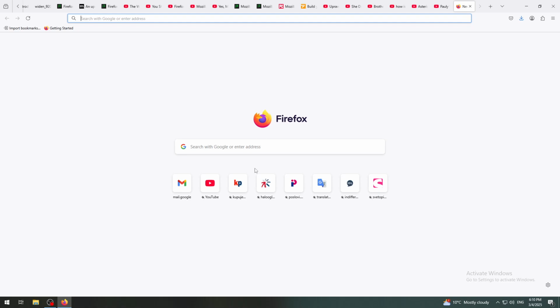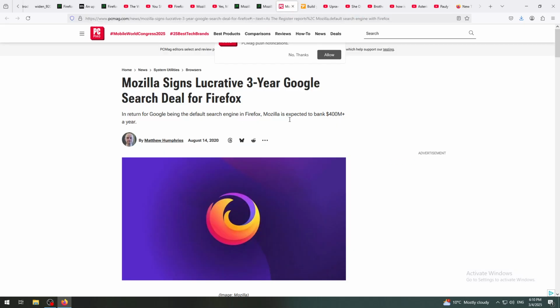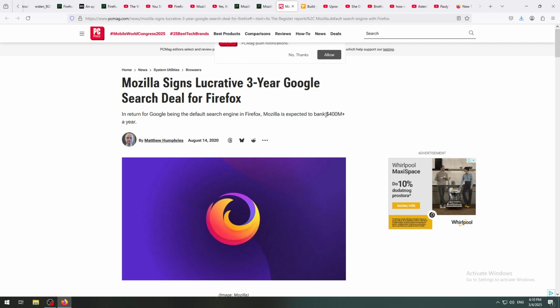So you see, I use Firefox, I click new tab, and here is my Google search. So there is no Firefox Mozilla search bar. No, there is Google, and they get $400 million a year.